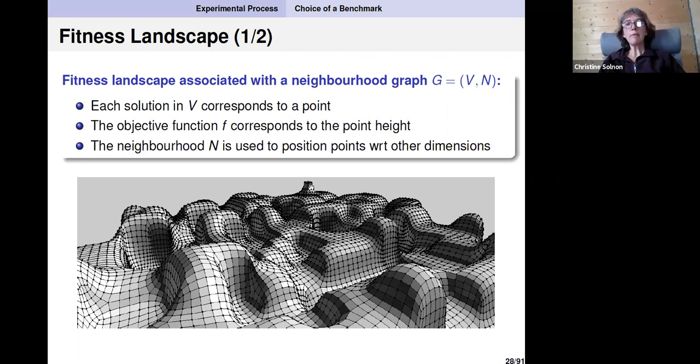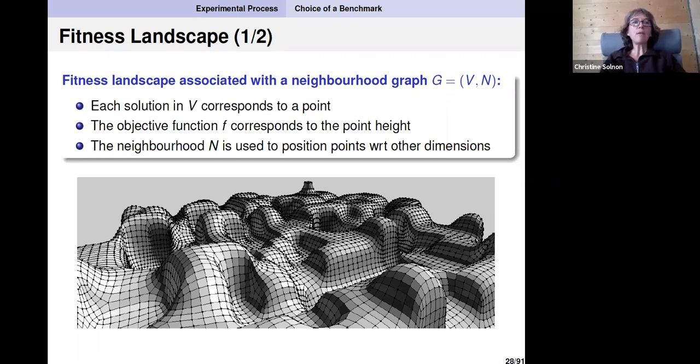So for example, if I have a maximization problem, then my goal is to find the point which is here on the top of this hill. And then I use the neighborhood function to position points with respect to other dimensions. Of course, if I have only 2 dimensions, I can easily draw this figure. If I have more than 2 dimensions, it's no longer possible. But we can imagine what it would be in n dimensions.